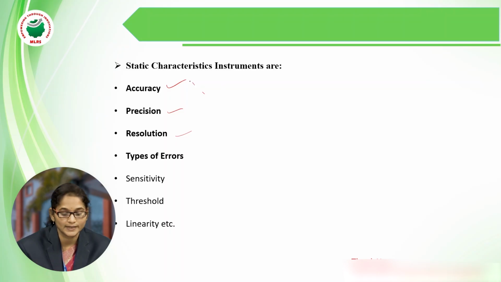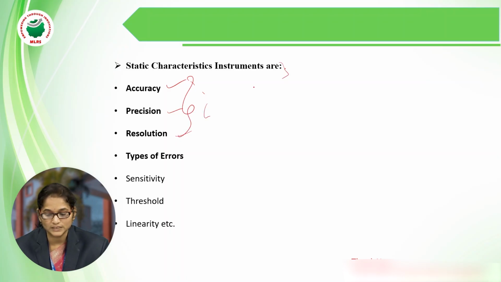They are constant. The dynamic characteristics continuously change with time. The main difference between the static and dynamic characteristics is that static characteristics do not change with time, they are constant, while dynamic characteristics continuously change with time.